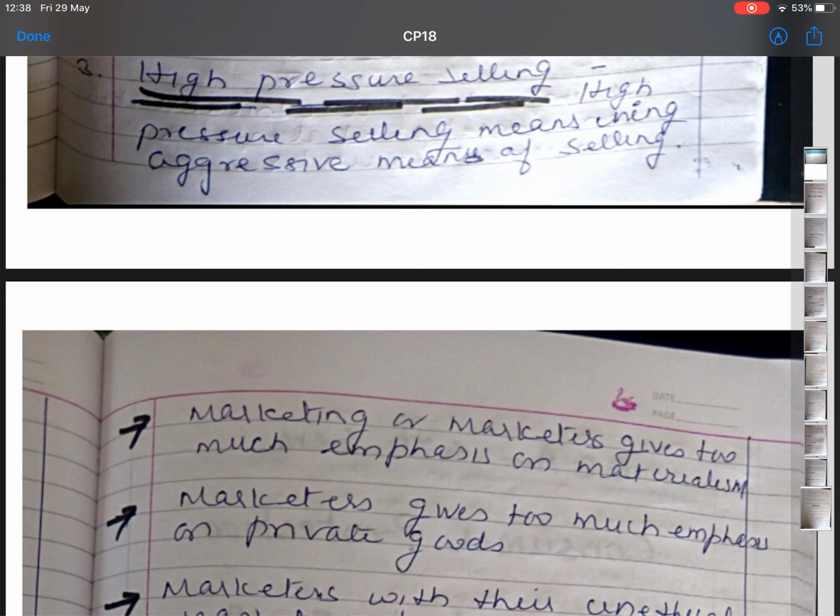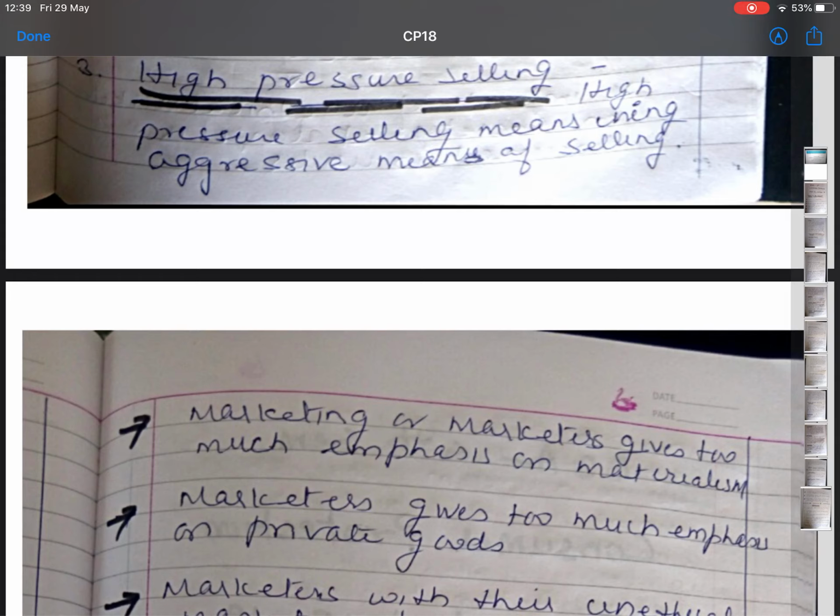Thus, a person's social status is measured in terms of how many homes, flats or cars he has, not by his character or his other abilities. So this culture of materialism is created by marketers.